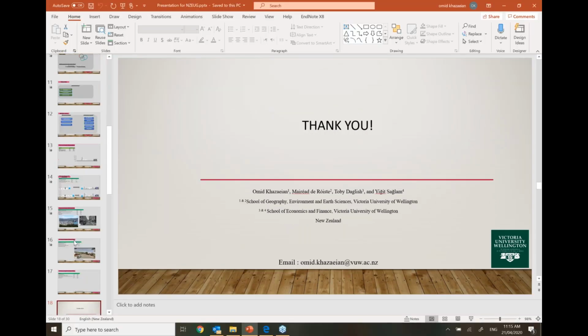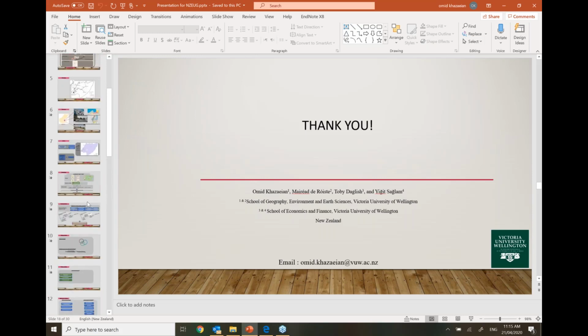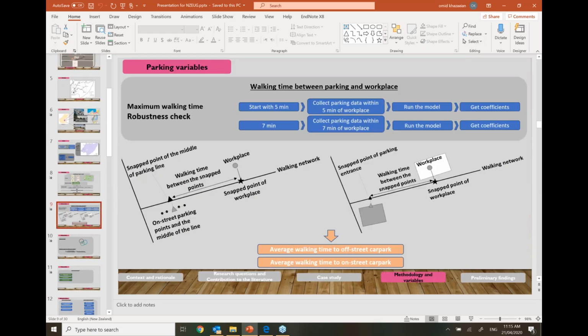This part. So, for example, the results I presented today were for data collected within 5 minutes of working, but then I have to repeat this process for, for example, 7 minutes and 10 minutes, and then I compare the results. So I'm currently working on this part of the research.